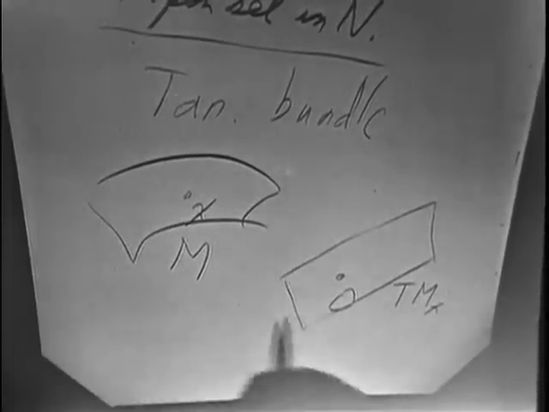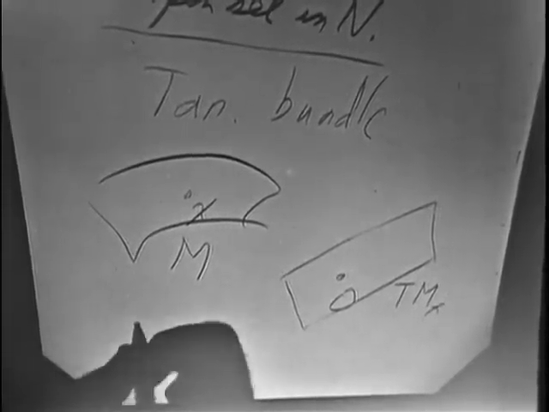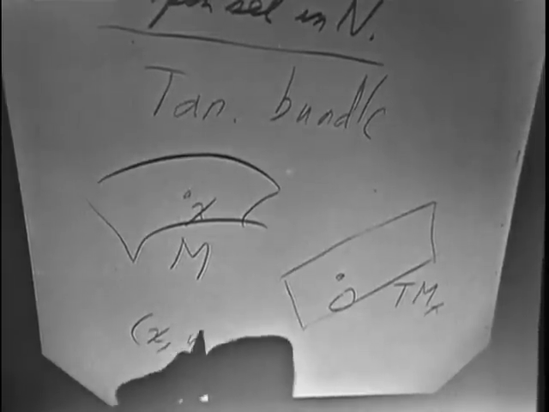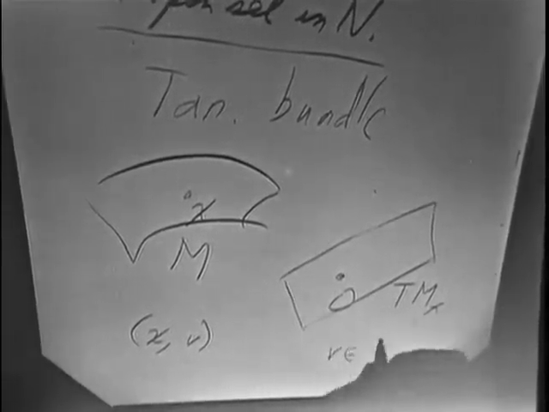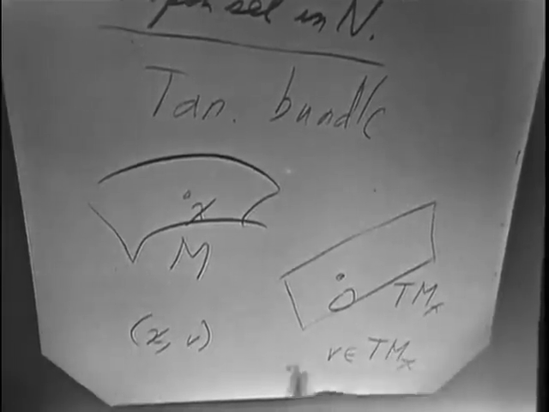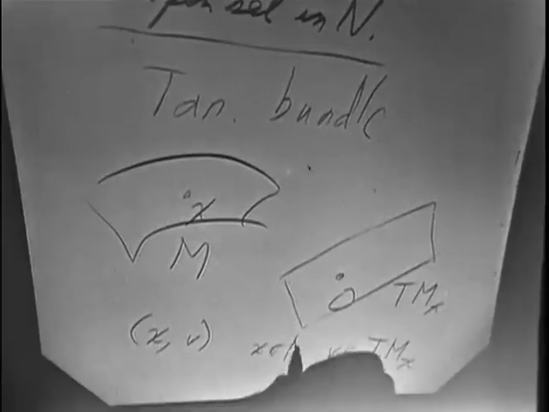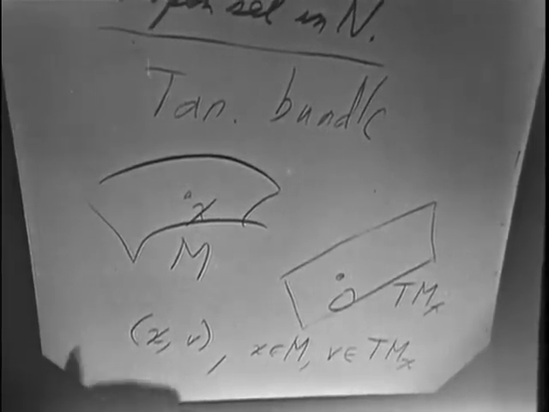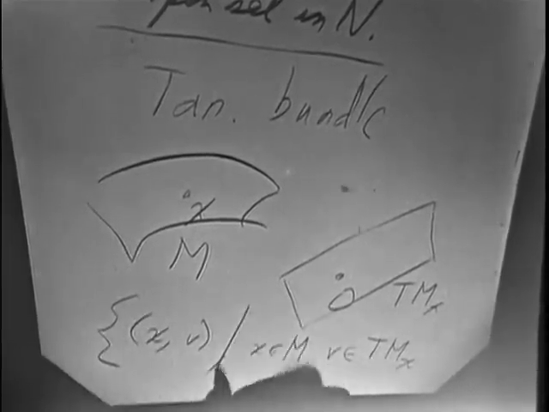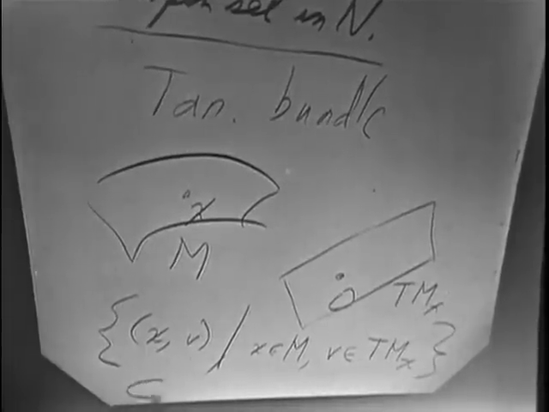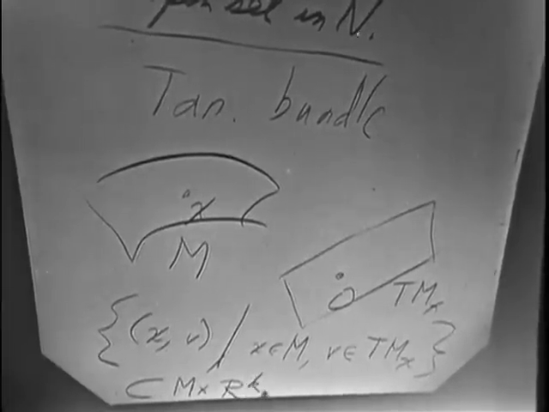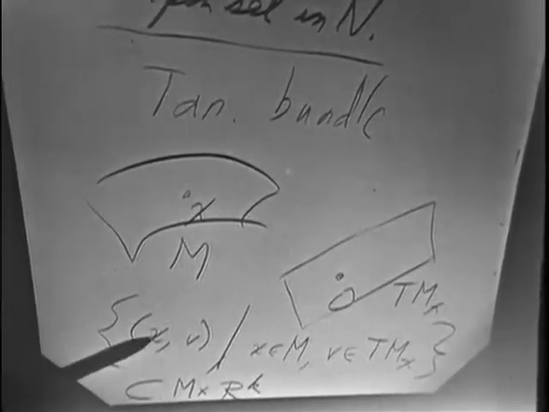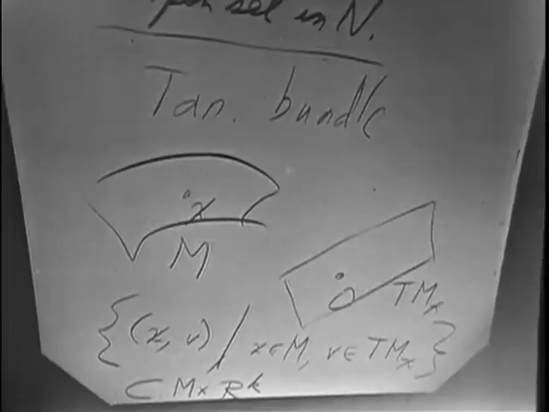And now suppose we consider the set of all pairs, (x, v), where x is in M and v is in the tangent space of M at x. So the set of all such pairs is a subset of M cross R^k. For each given x, the set of v is a vector space.